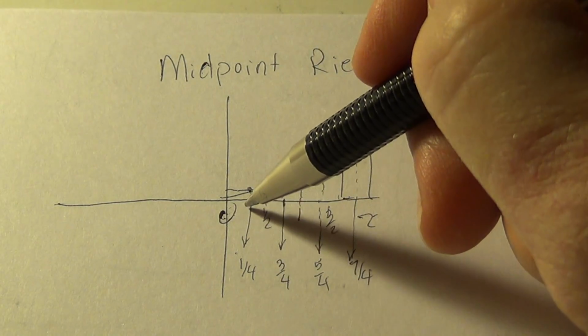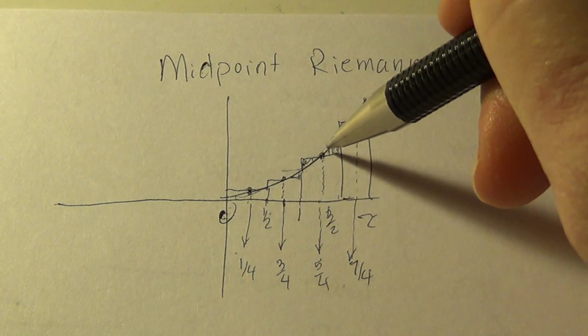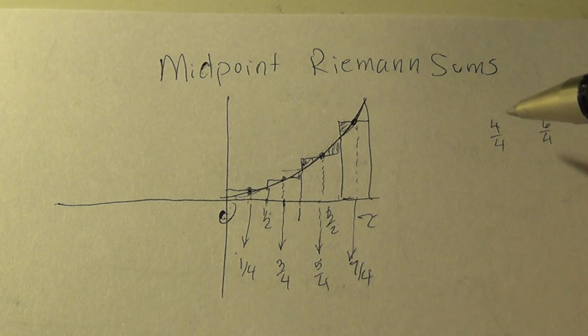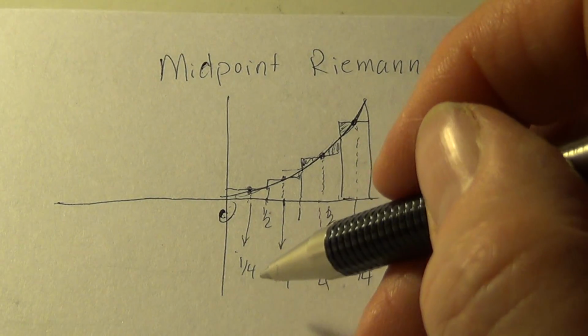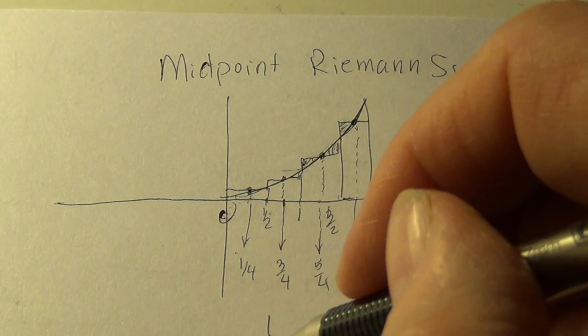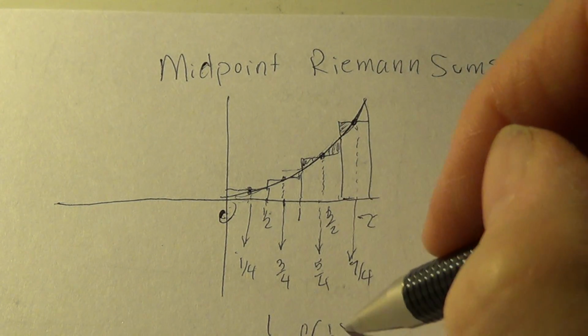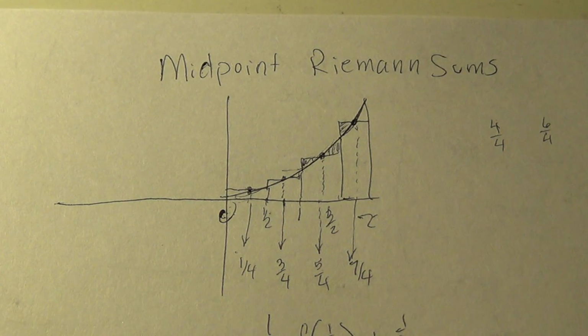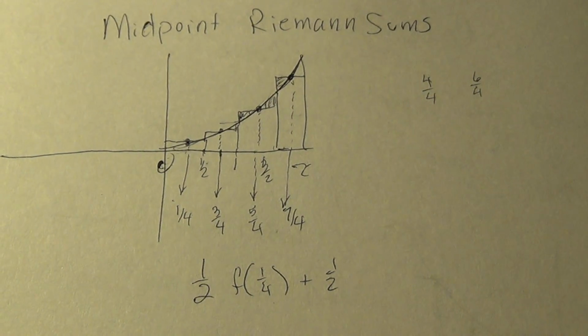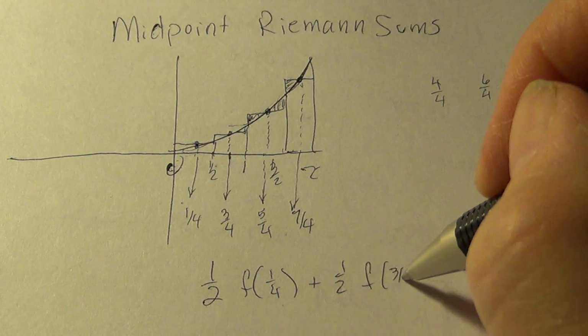So these numbers will be evaluated in the function to find the heights of these rectangles. The width of each one is still 1/2, but the heights are found at these points. So 1/2 times the function evaluated at 1/4, plus 1/2 times the function evaluated at 3/4.